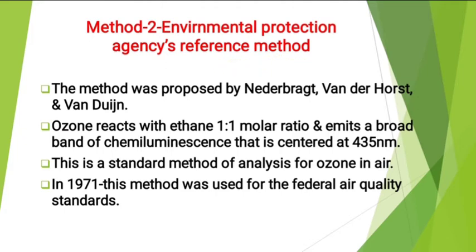The method was developed by Nederbrandt, van der Waals and van Duijzen. These are the three scientists who developed this method. In this method, ozone reacts with ethene in a 1:1 molar ratio and emits a broad band of chemiluminescence that is observed at a center point of 435 nanometer.